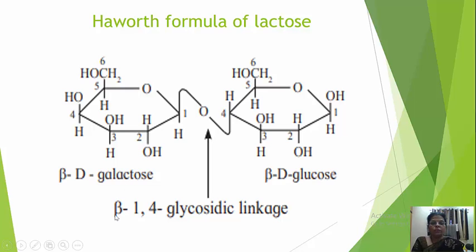Therefore it is called as beta-1,4 glycosidic linkage. Now in this case, the hydroxyl group present at 1 number carbon atom or anomeric carbon atom of beta-D glucose is free, and therefore this lactose is called as reducing sugar.